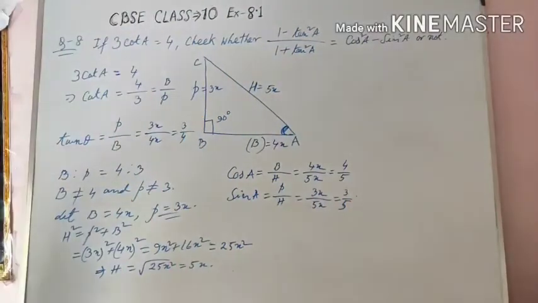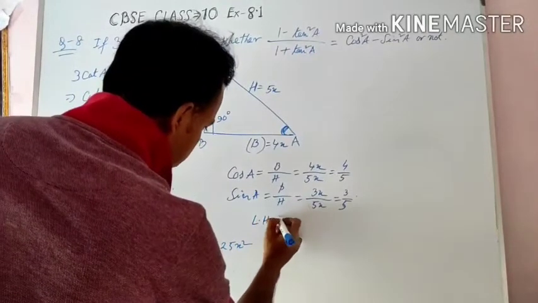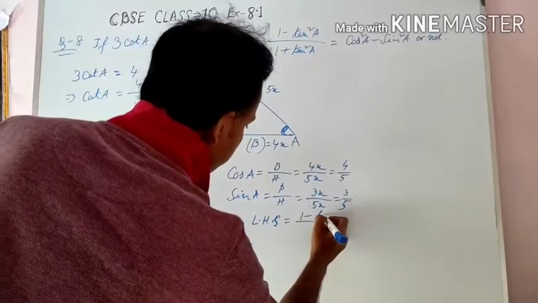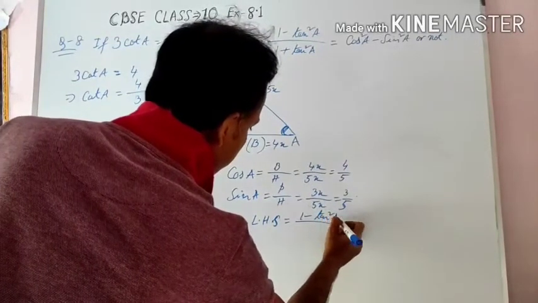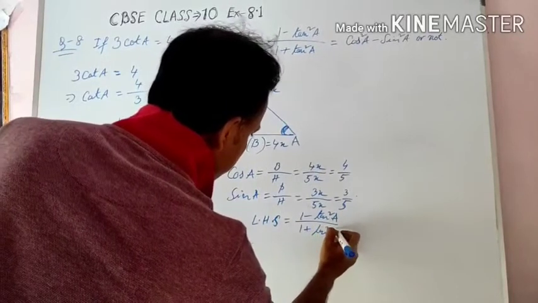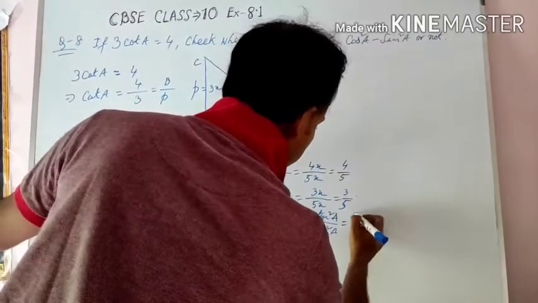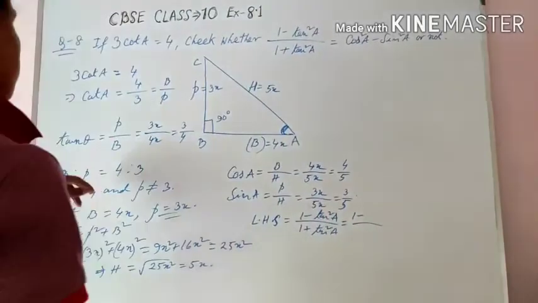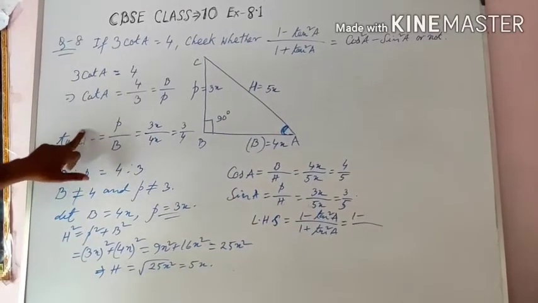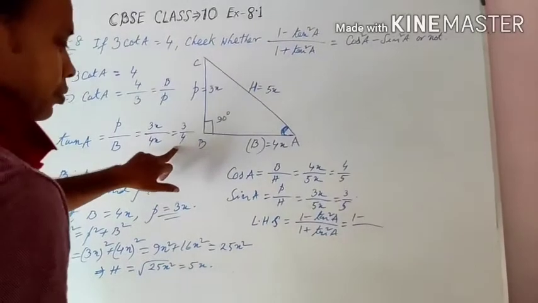So let us check. Left hand side is equal to (1 minus tan square A) by (1 plus tan square A). Put the value: tan A is equal to 3/4.